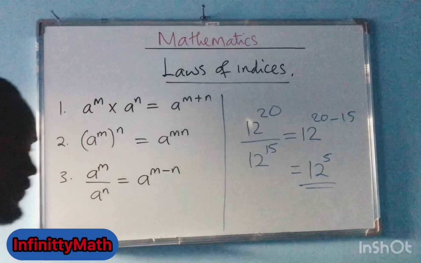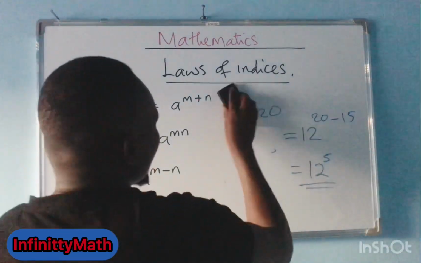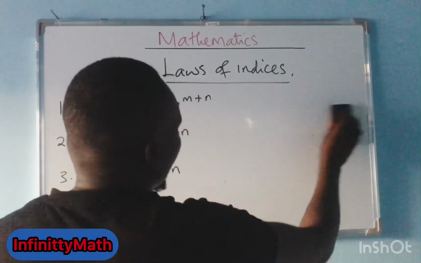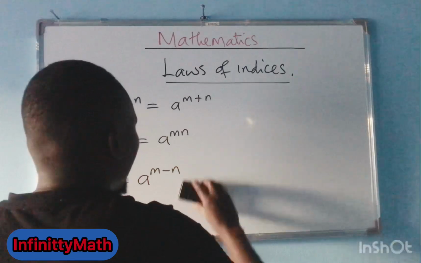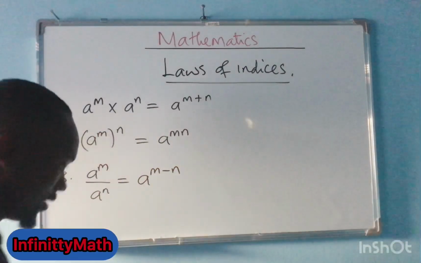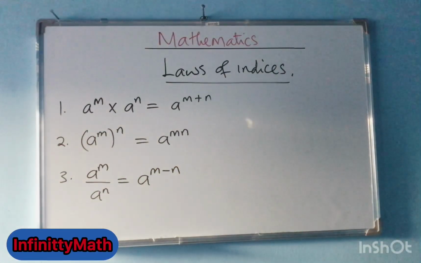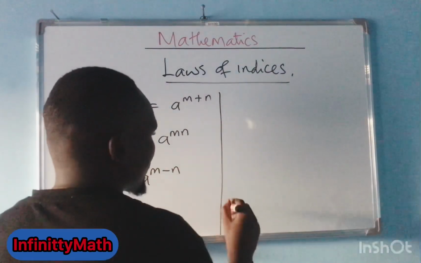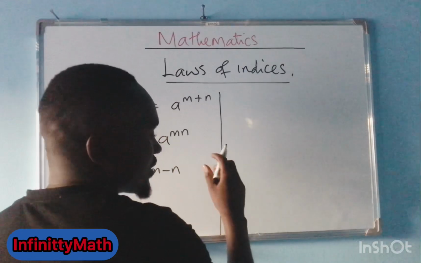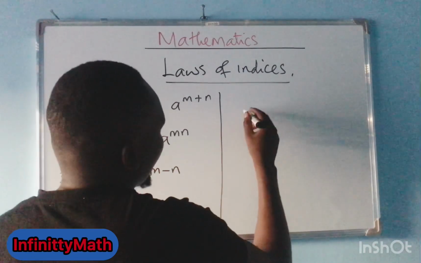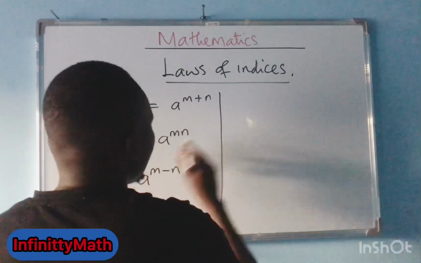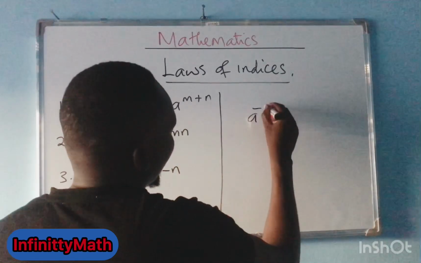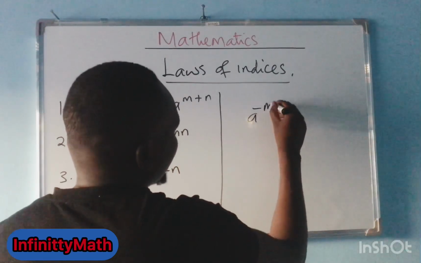Before we look at some examples of how we can actually solve, the other thing you need to take note of is a situation where you have a base a raised to the exponent negative m.